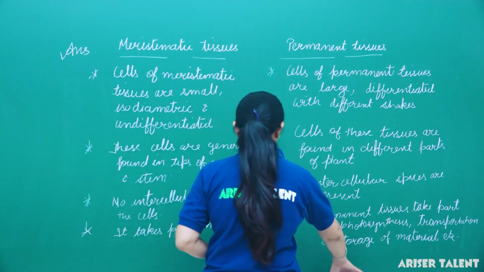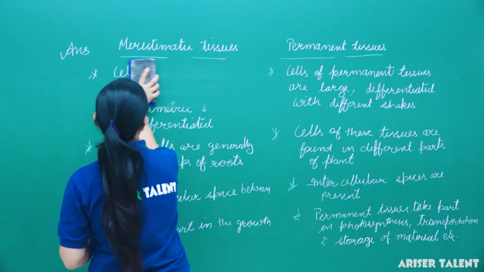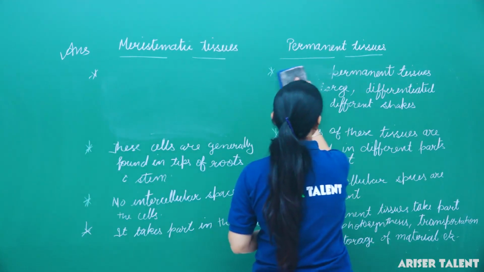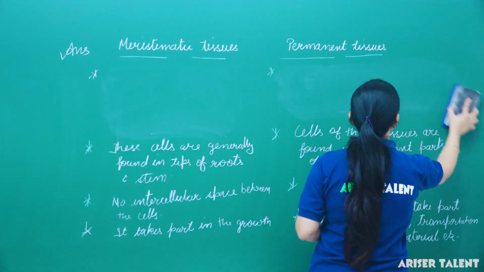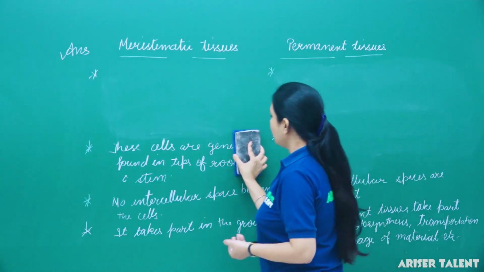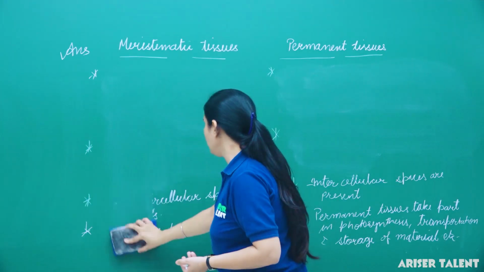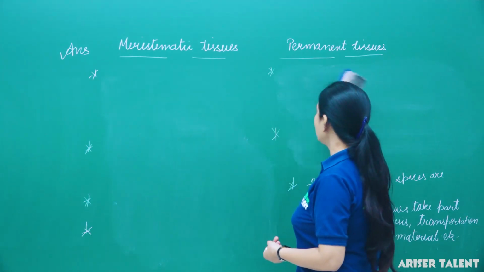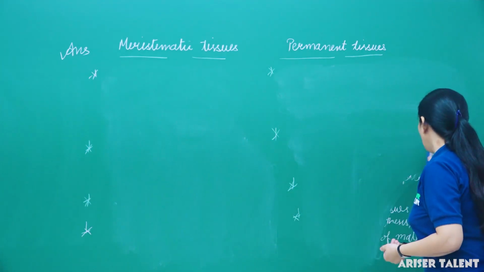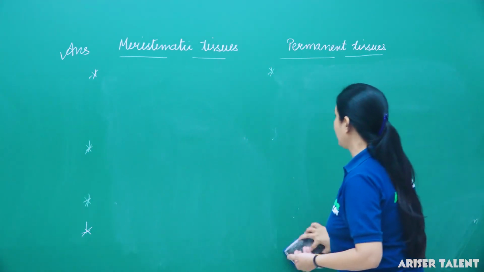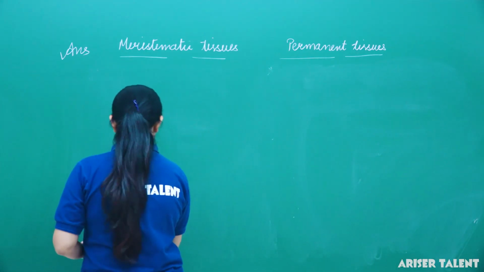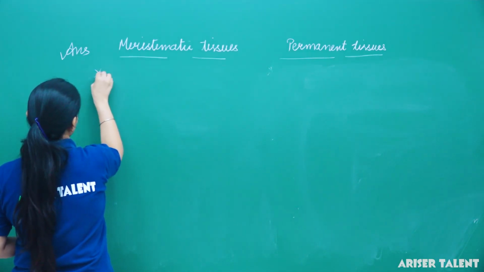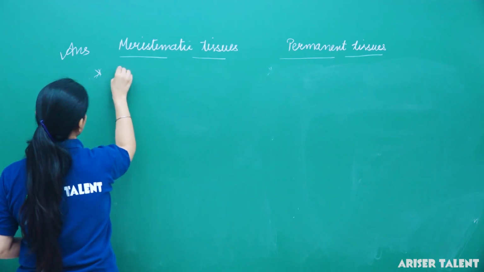Okay, besides this, the cells in meristematic tissues are living, but in the permanent tissues, cells may be living or dead. If we talk about the cell wall, then the cell wall of the meristematic tissue is thin, but the cell wall of the permanent tissue may be thin or thick. Next point is, generally meristematic tissues are simple tissues.